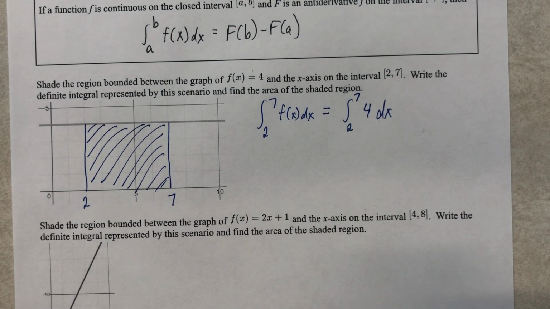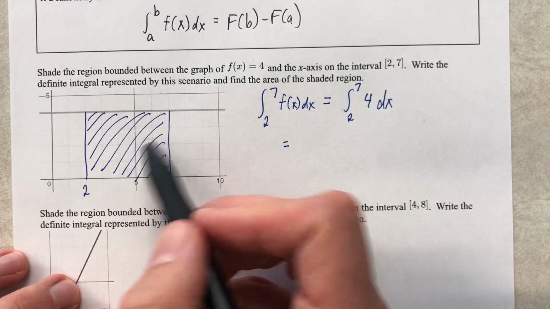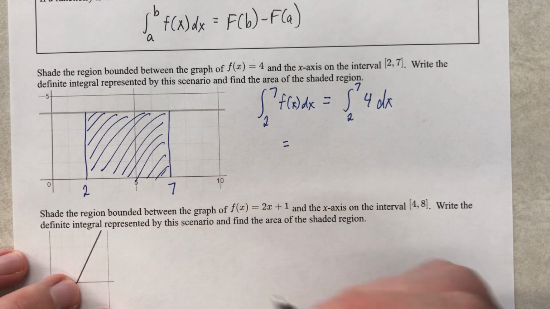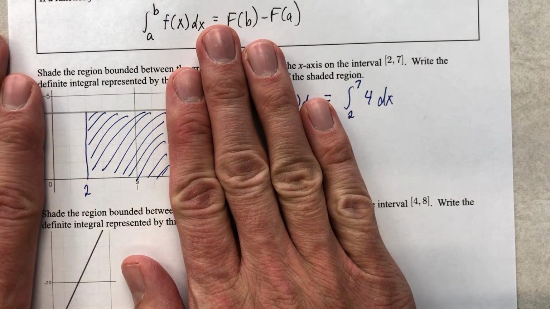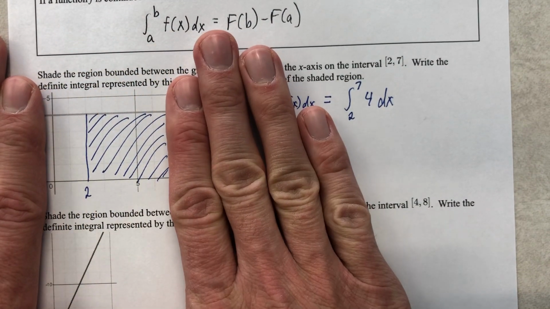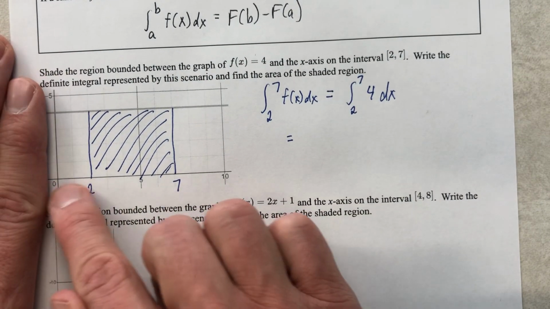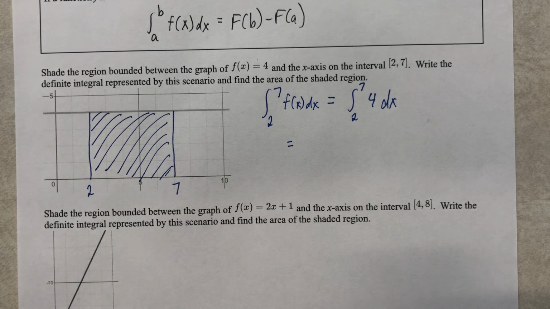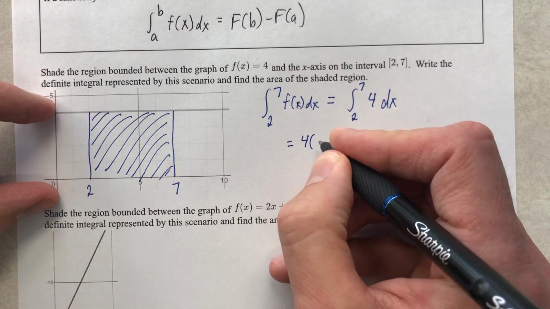Okay? So let's just pretend, for example, that we were really struggling to find this area and we wanted to overcomplicate things. Then what we could do is find the area of, again, this rectangle from 0 to 7. So let's suppose you're having a hard time counting to 5, but somehow you can count to 7 instead. That makes no sense. But you would basically have a height of 4 and a width of 7.